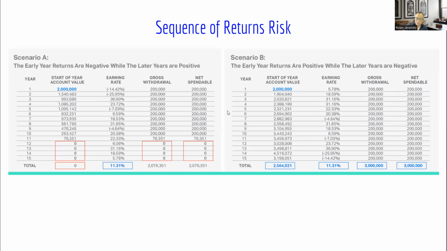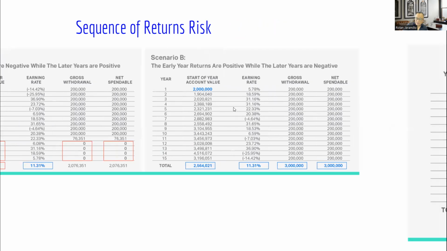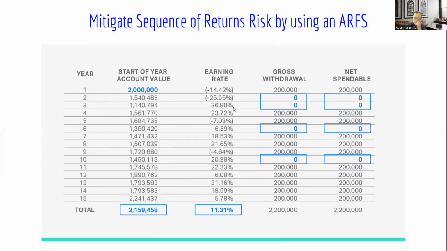And there's a simple solution to this issue right here, and here it is. What if every time you lost money, you didn't take any money out of your portfolio the following year? All of a sudden, instead of running out of money in year 12, you still have money in your account.